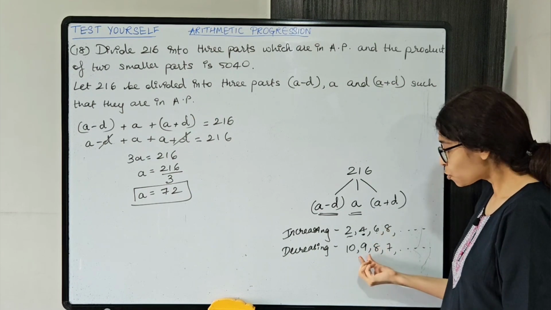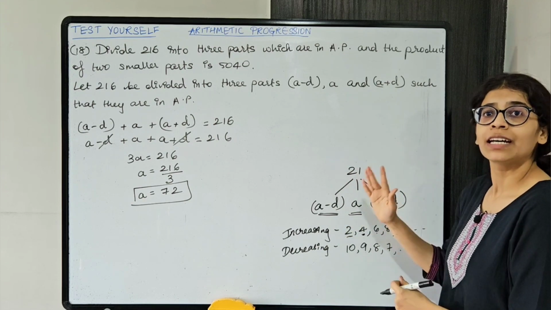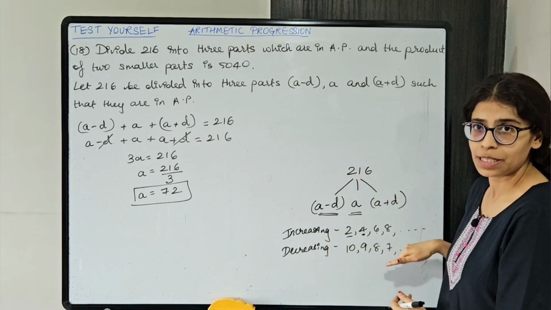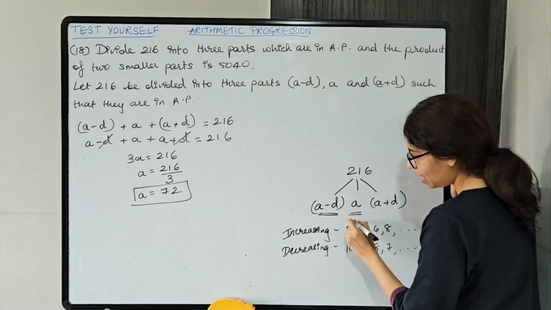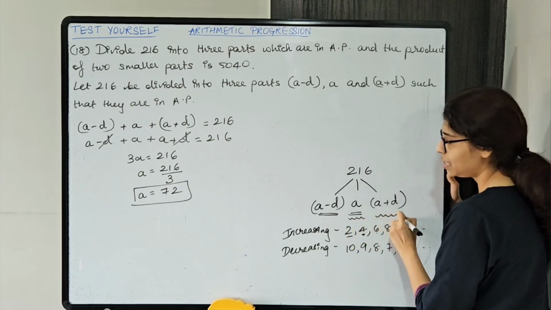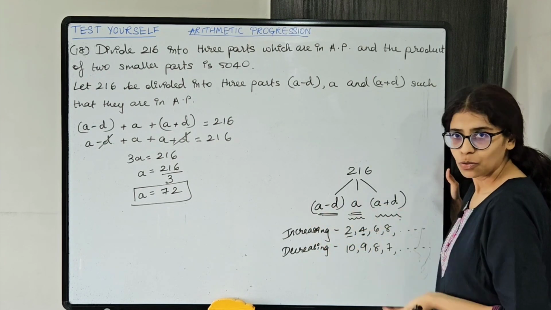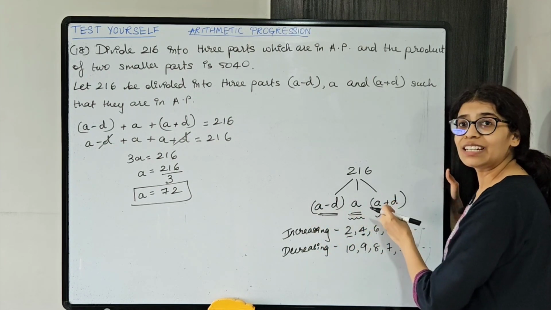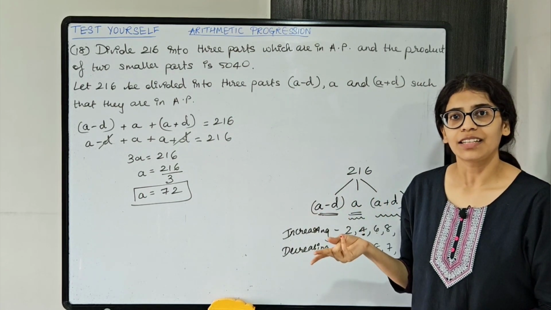Okay, so यहाँ पे जो term पहले आता है that is greater and जो बाद में आता है that is smaller for decreasing AP. So यहाँ पे वो भी possible है that A and A plus D are smaller and this is greater. Okay, so AP can be increasing also, decreasing also. So दोनों possibilities consider करेंगे यहाँ पे.